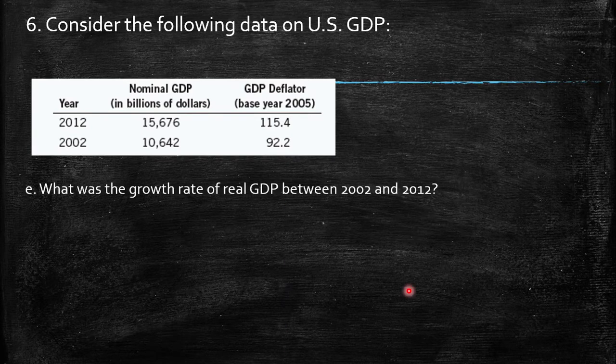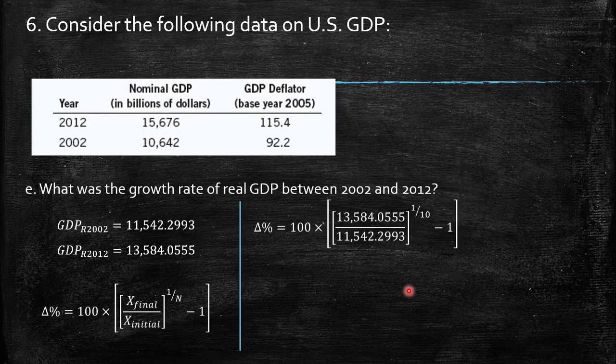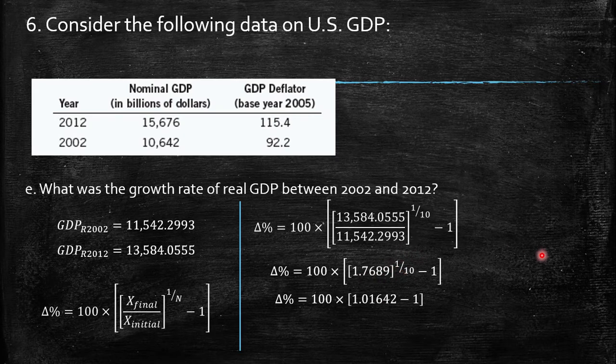Then what was the growth rate of real GDP between 2002 and 2012? Here we already have the numbers, so we just use the formula that the exercise provided, replace those numbers, make the division, end with this value, and raise it to the 1/10th, and then we have the real increase.